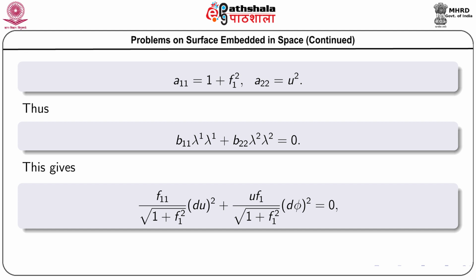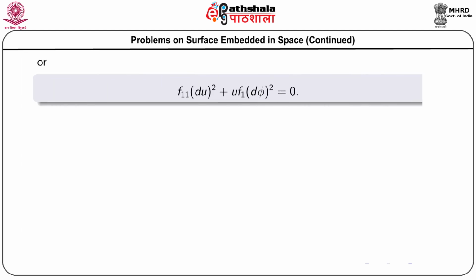We know that for the asymptotic lines the normal curvature vanishes, that means B alpha beta lambda beta equals 0. So, that is why these equations are coming. If we simplify this one, we get f11 du square plus u f1 d phi square equal to 0.